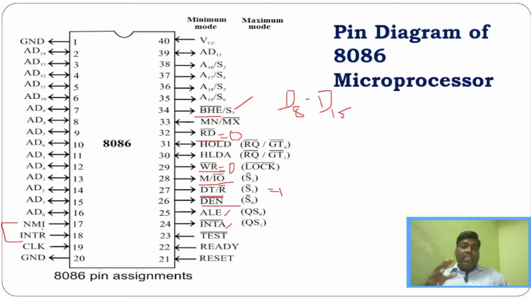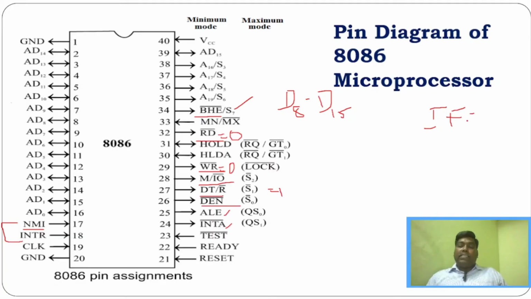That is the higher order interrupt in 8086. We have already seen what an interrupt is and the different functions of interrupts in detail in previous videos. Please go through them. But in 8086, the non-maskable interrupt is the highest priority interrupt, and it will not be disabled by software. The other interrupt is the normal interrupt INTR pin, which is enabled by the IF flag, that is the interrupt flag.